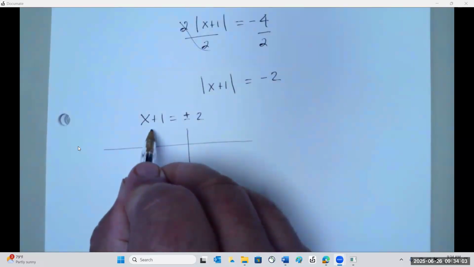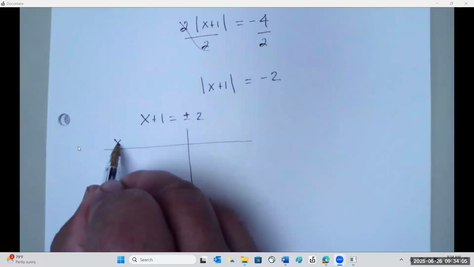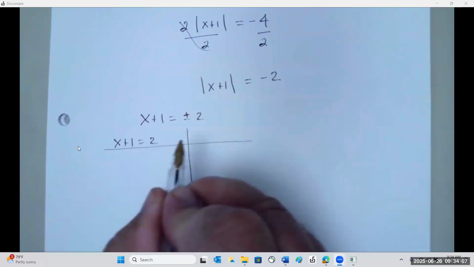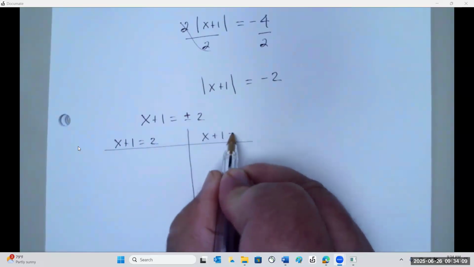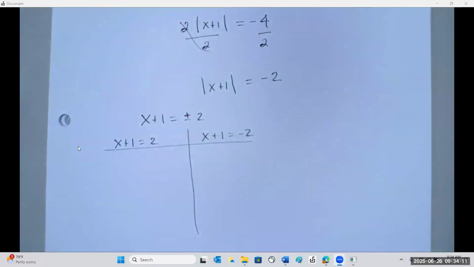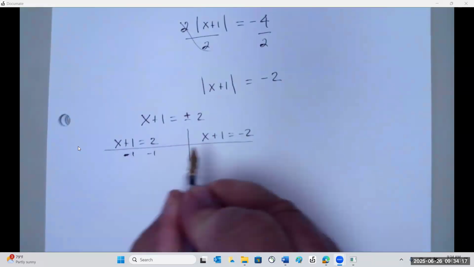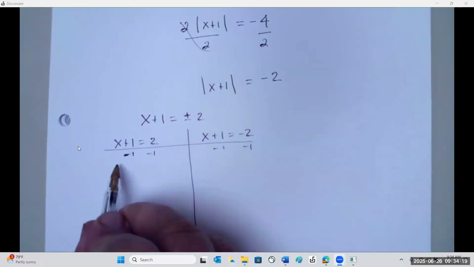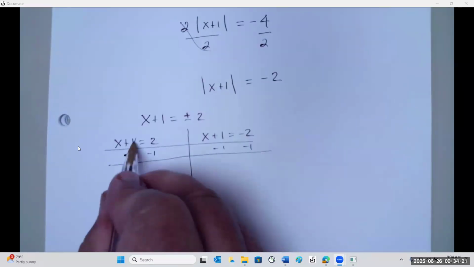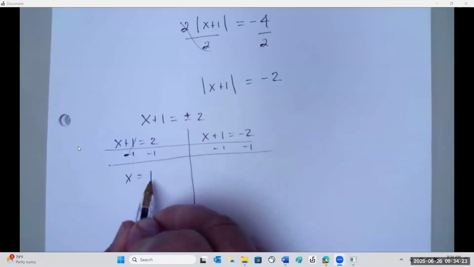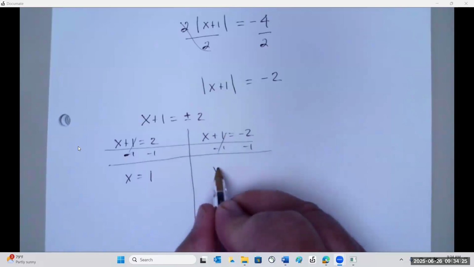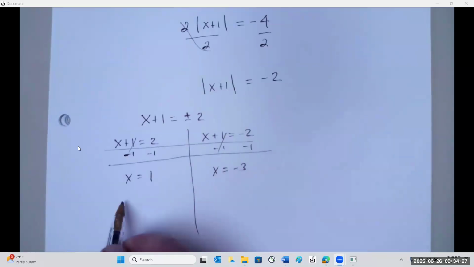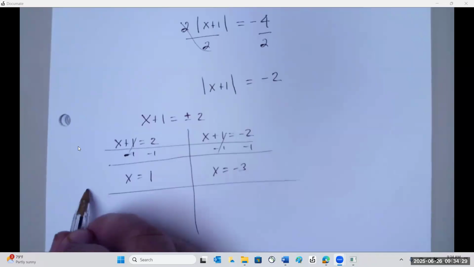We have x plus 1 equals +2, and x plus 1 equals -2. Subtract 1 from both sides. You get x equals 1, x equals -3. So now we can check our answers.